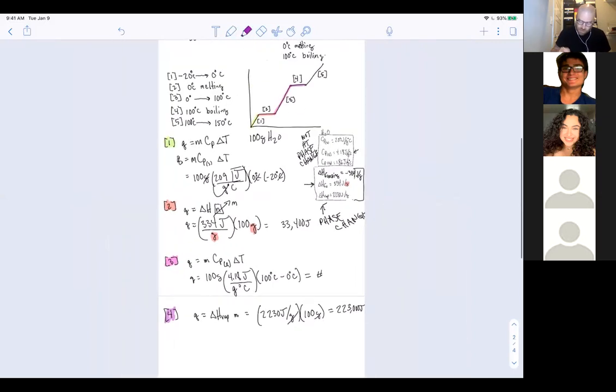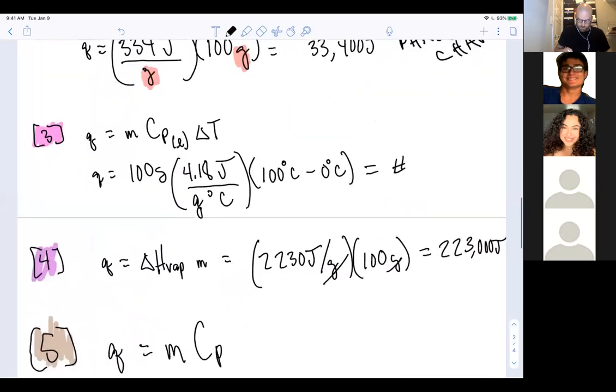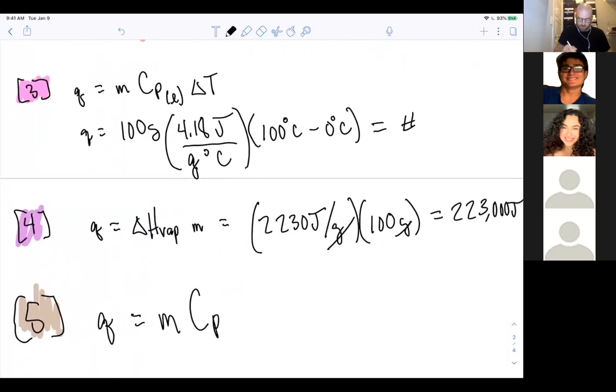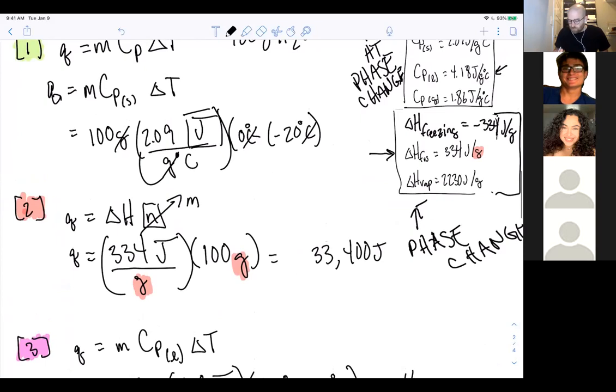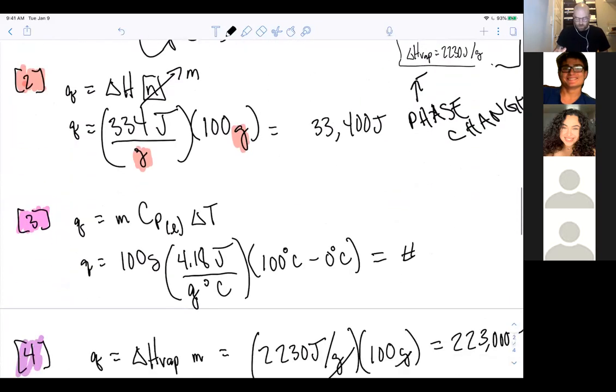And then finally, for this last process here, process 5, we do one last calculation. Only now we're going to use, let me zoom in, the heat capacity for whatever the gas is, which is 1.86 joules per gram degree Celsius.